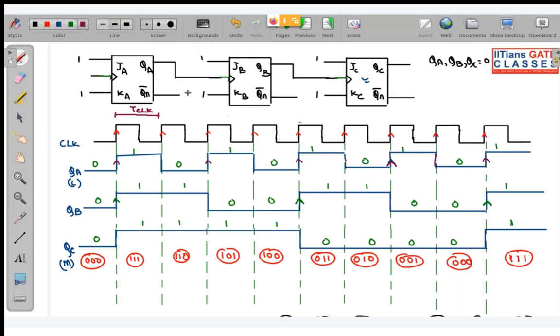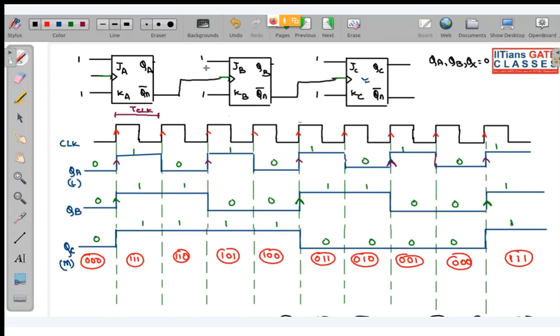See, one thing you people note, either we take the clock pulse from all the positive, non-complemented outputs. You can see everywhere I have taken from non-complemented, or you can take the clock like this.